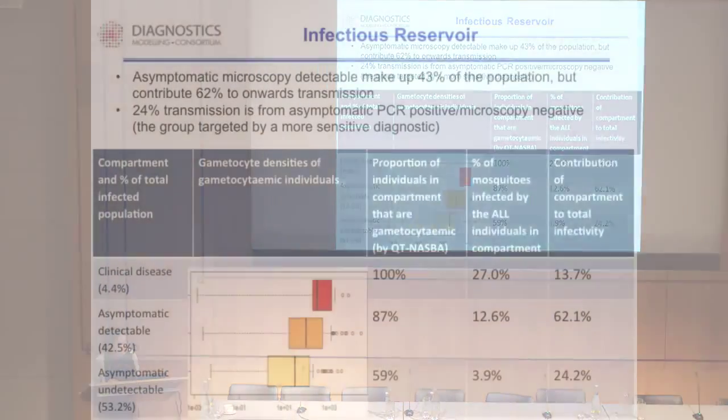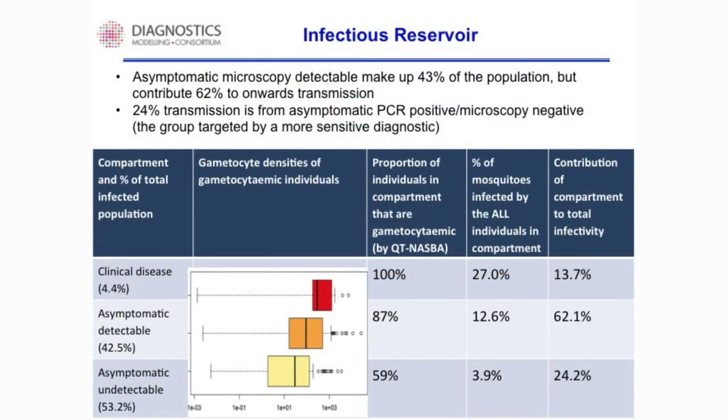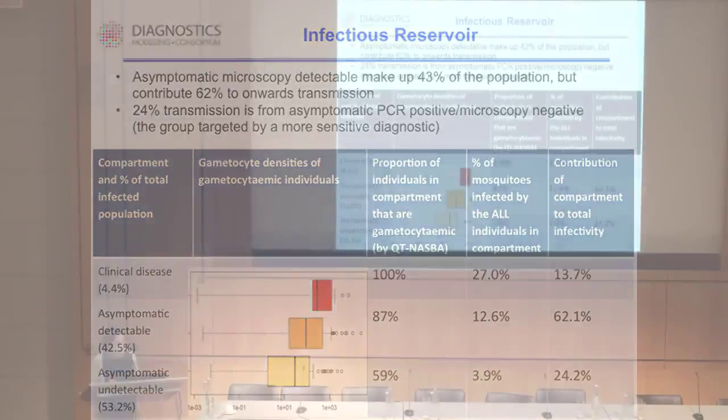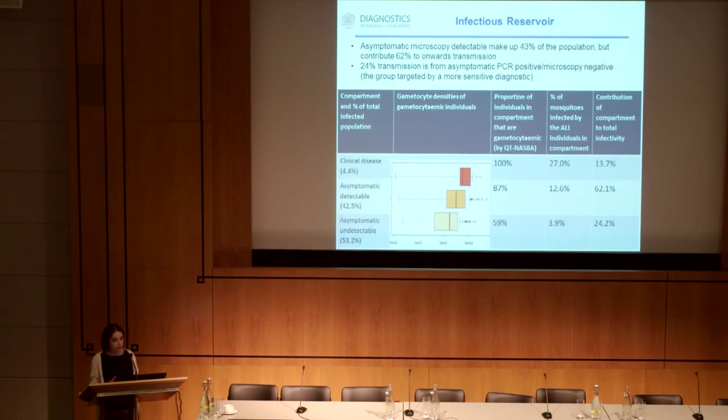So this was a data set we used from a study led by Teun Bousema, looking in Burkina Faso at a cross-section of the population. And we stratified them in the left-hand column into whether they had disease, so very high parasite density. They were asymptomatic but detectable on an RDT or microscopy.